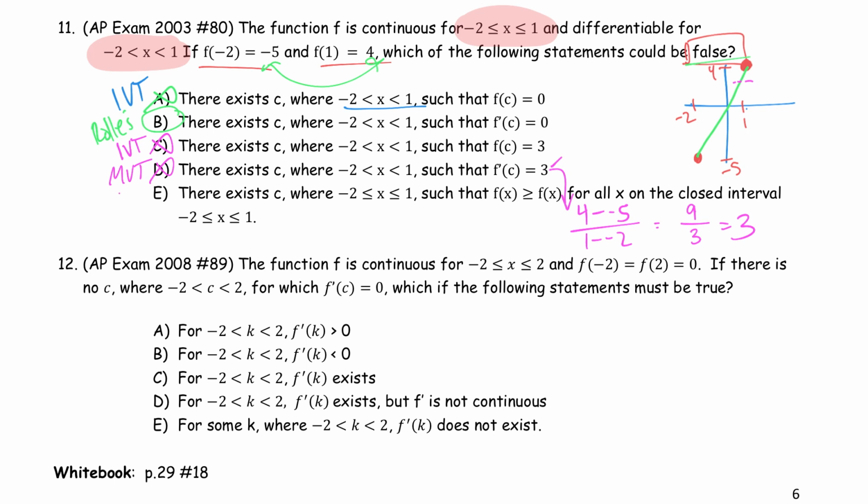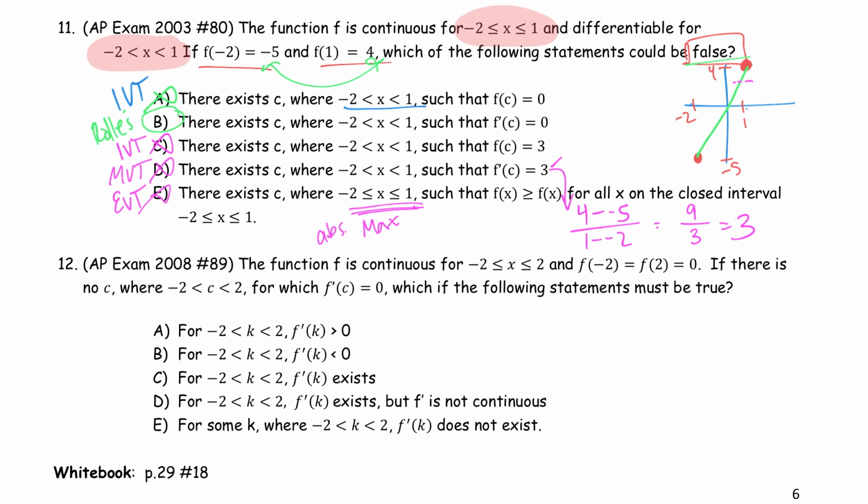So this is that extreme value theorem, where you have some maximum that is always going to be bigger than everything else. And so that's always going to be true. If you have a closed interval, you're going to have an absolute max and an absolute min. So that one's true, which means that my initial guess of B is the only false statement here.